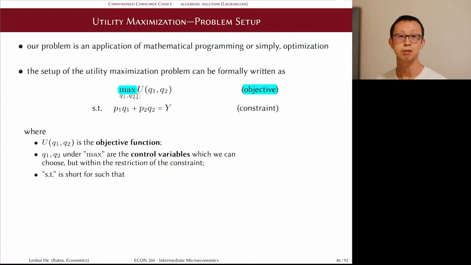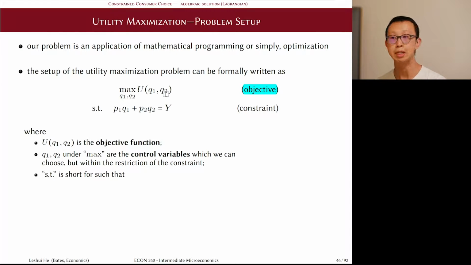Next, we specify the function that we're actually trying to maximize. In this case, it is the utility function of the consumer. And the utility function is determined by two variables, the quantities of each good, Q1 and Q2. So by changing these variables, the utility will change.